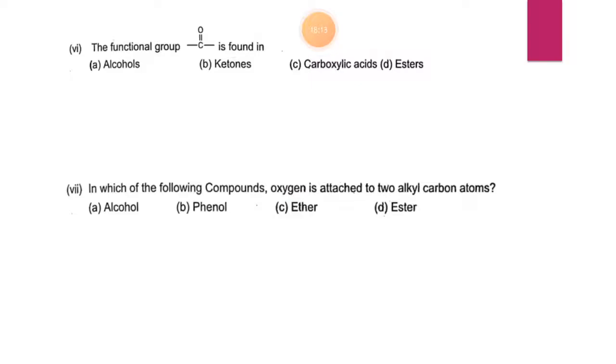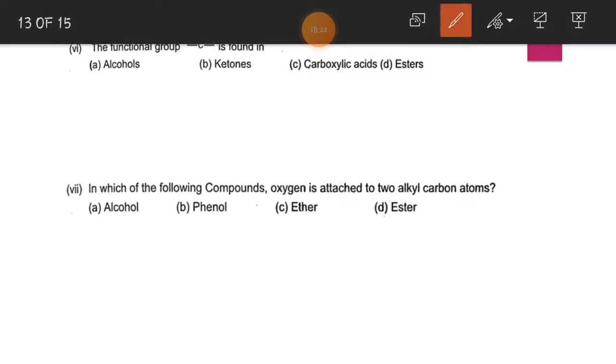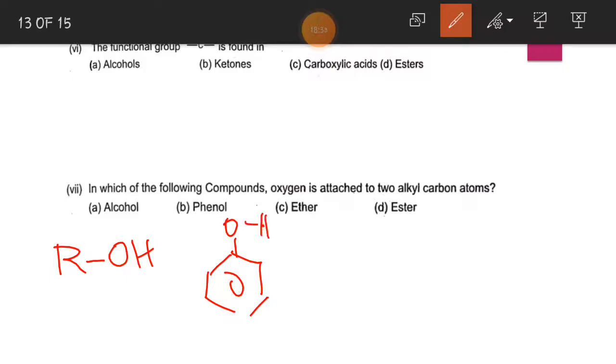Second one is, in which of the following compounds oxygen is attached to two alkyl carbon atoms? Now if you write the general representation for alcohol, it is ROH. For phenol, it is OH.